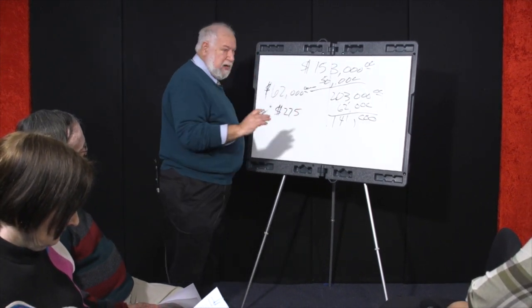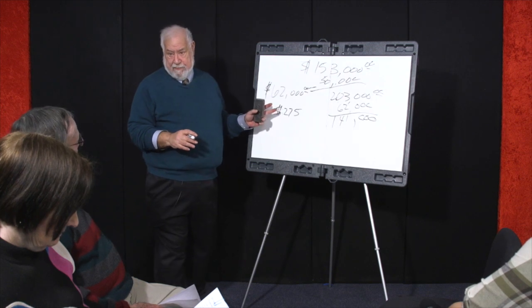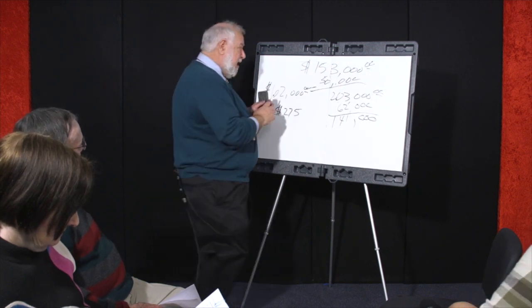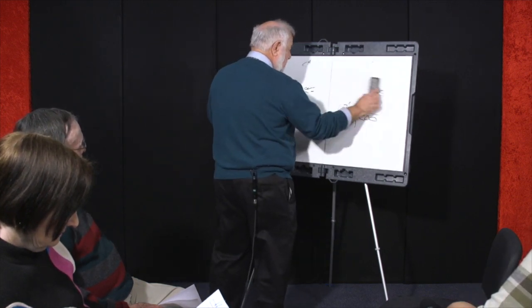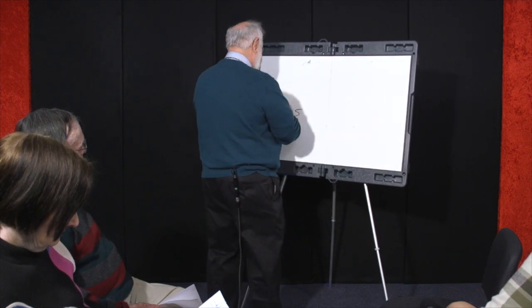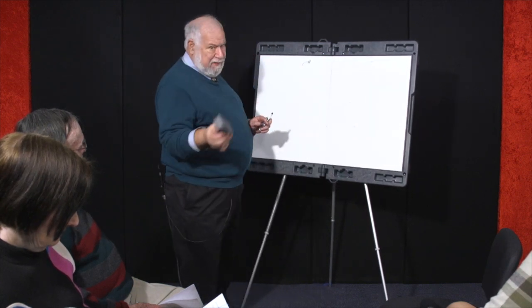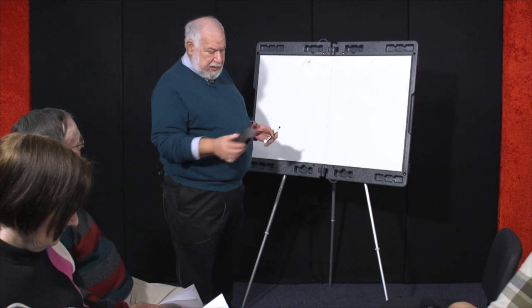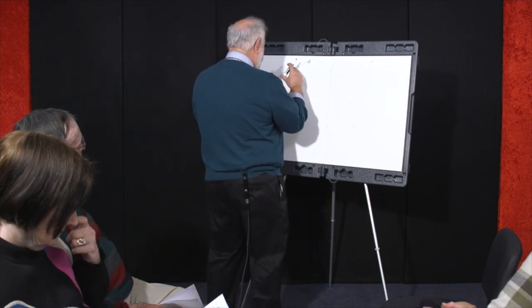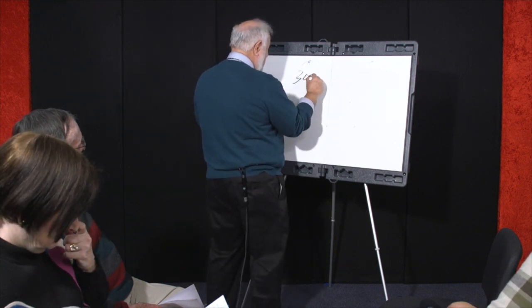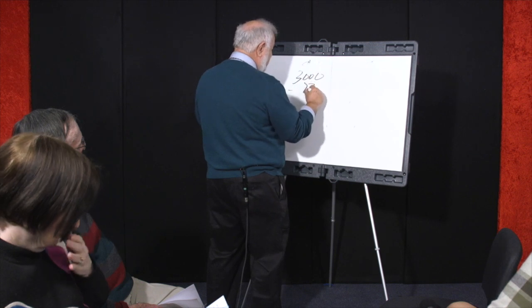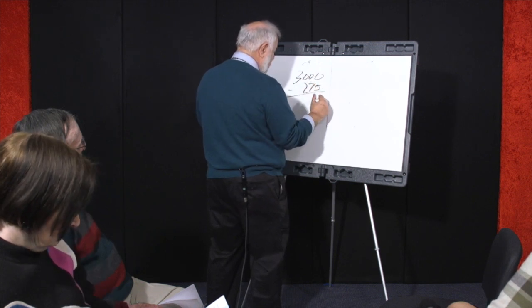Not $1,800, $275. They have a $3,000 net retirement income, and they have $50,000 in the bank. Now we have $3,000 minus the $275 in taxes and insurance.